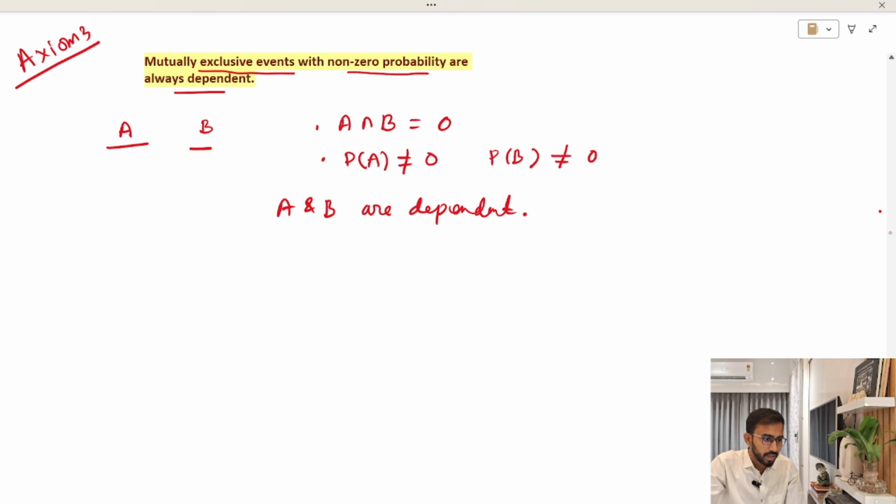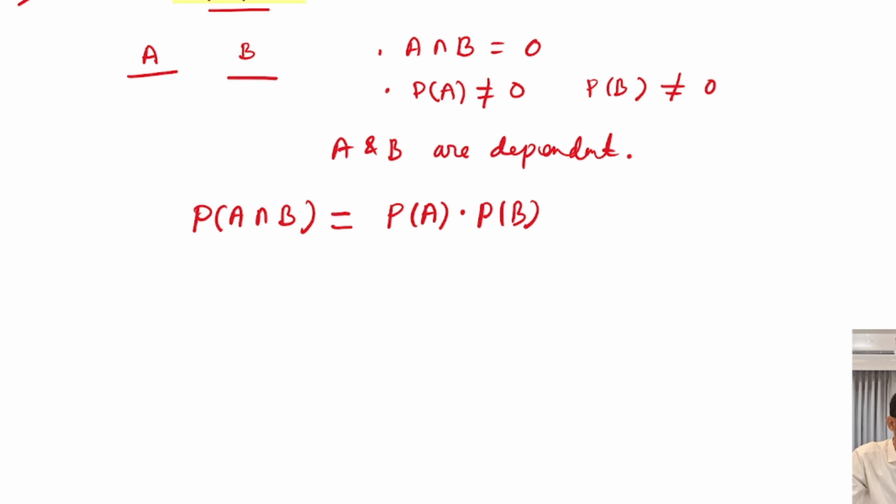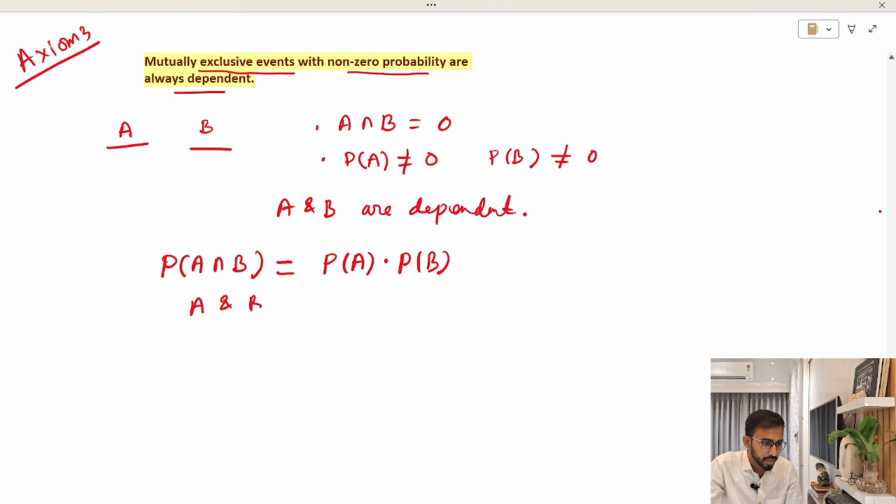How? So here is the catch. We all know that if probability of A intersection B, or probability of intersection of two events, is equal to probability of A into probability of B, then A and B are independent of each other.